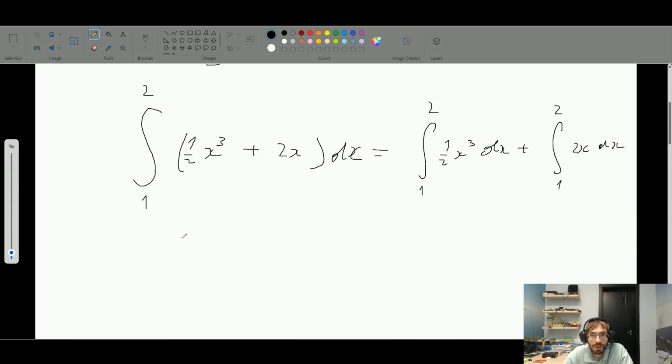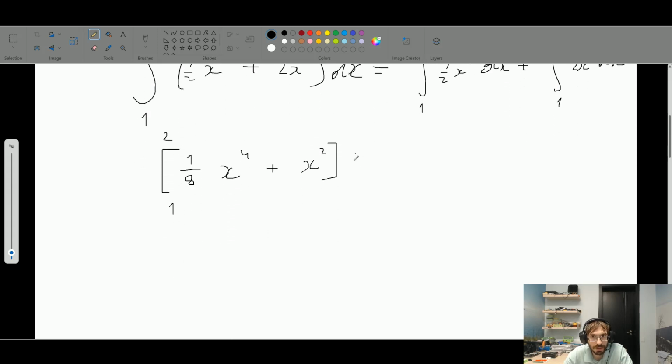Therefore, from the first one we will get x to power 4. Then 1/2 divided by 4 will be 1 over 8. And then plus, the integral of 2x we have already solved before, it is x squared. And then we can unite them and put those brackets from 1 to 2.